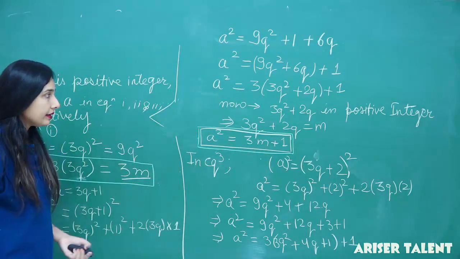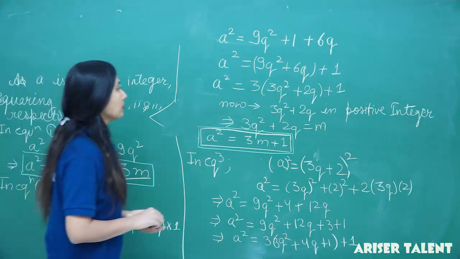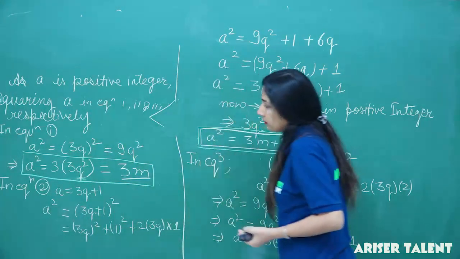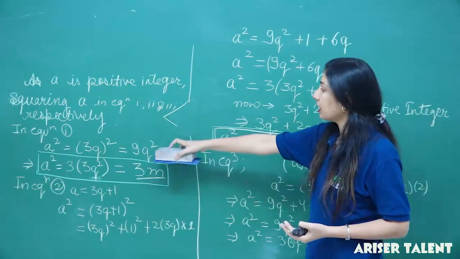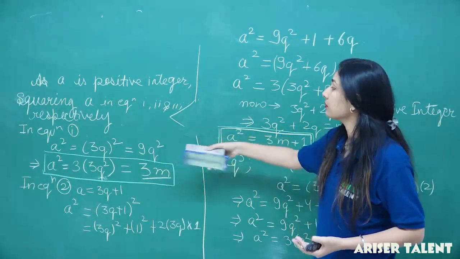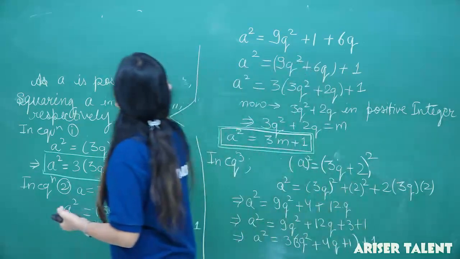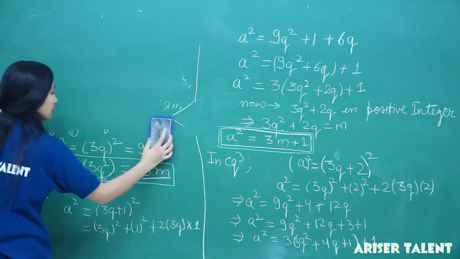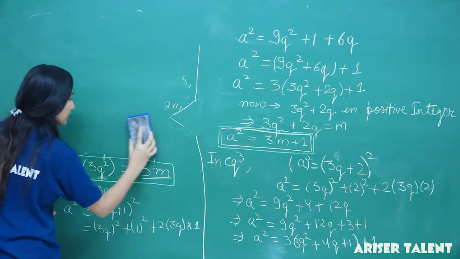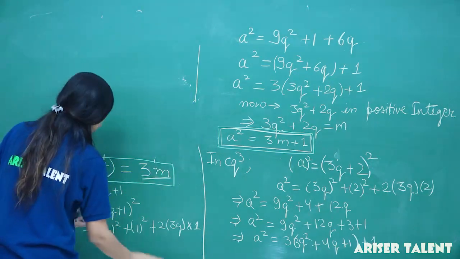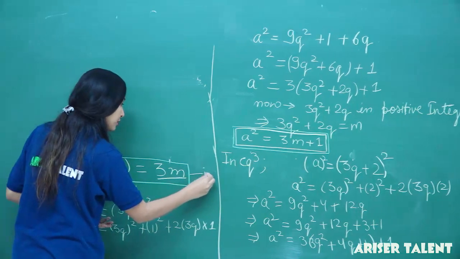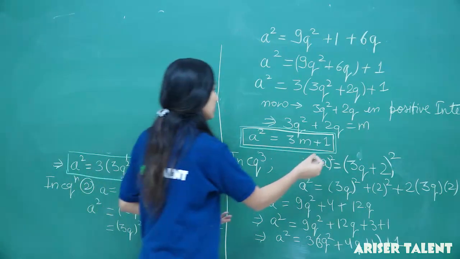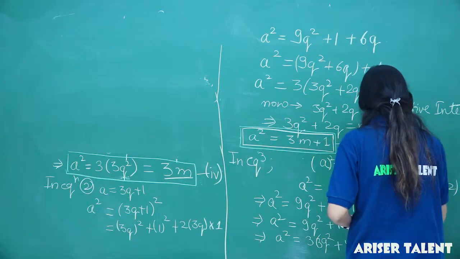I can write it in this manner. This was our equation 4, this is our equation 5.